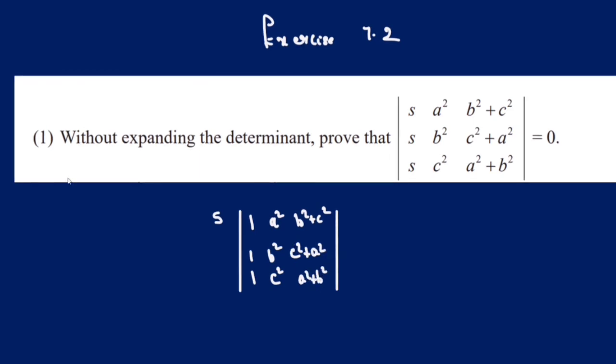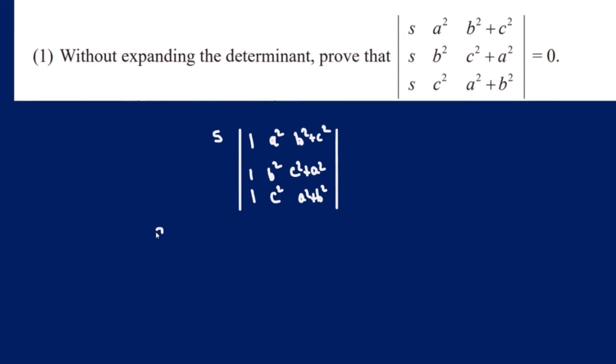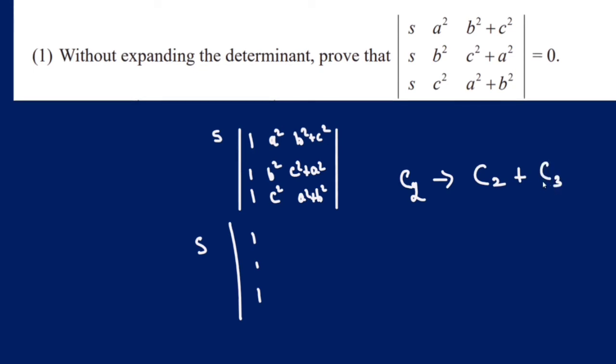Now, how can you make them identical? s into 1, 1, 1. Now, if I add column 2 and column 3, we can add, isn't it, the last property is that to any column, any row, you can add the other rows or other columns. So I am going to add these two columns. So what happens when I add?